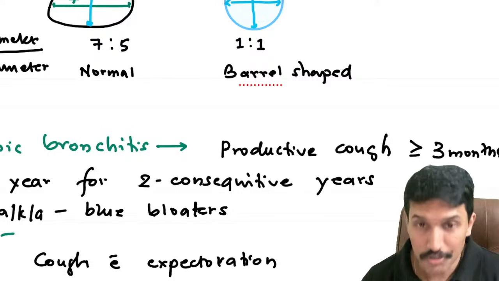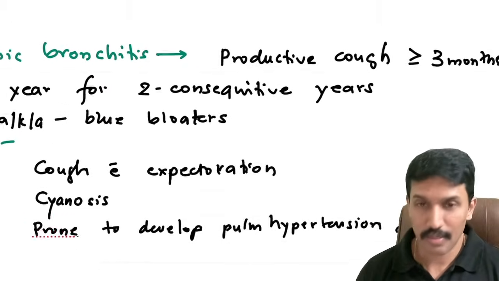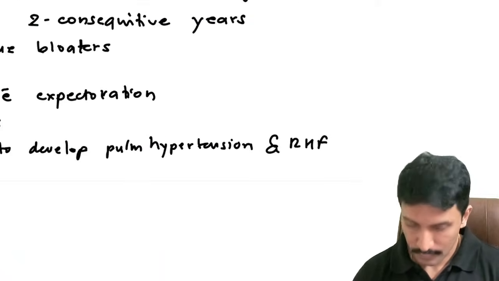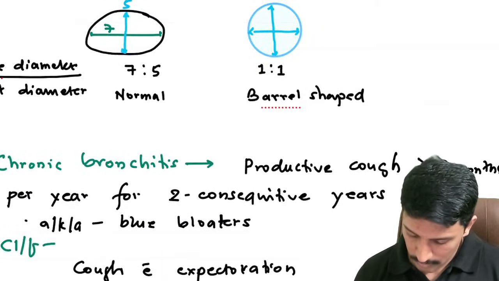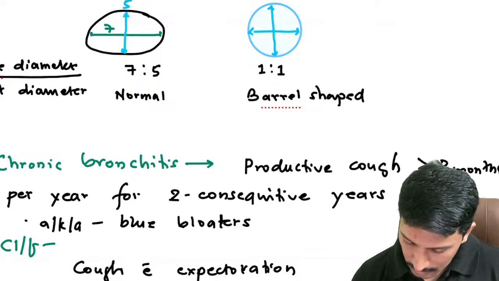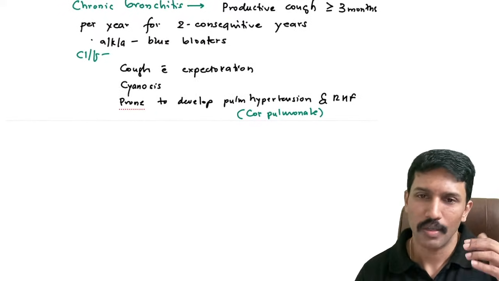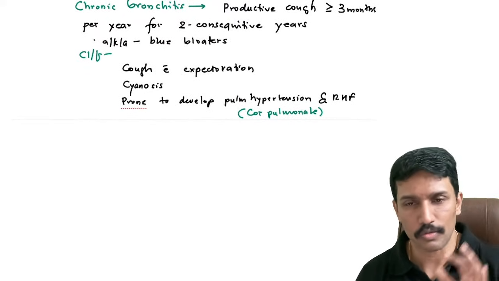And in the bracket you can mention that this pulmonary hypertension and right heart failure that we are talking about is technically called cor pulmonale. So once this is written, your discussion on clinical features of COPD is done.